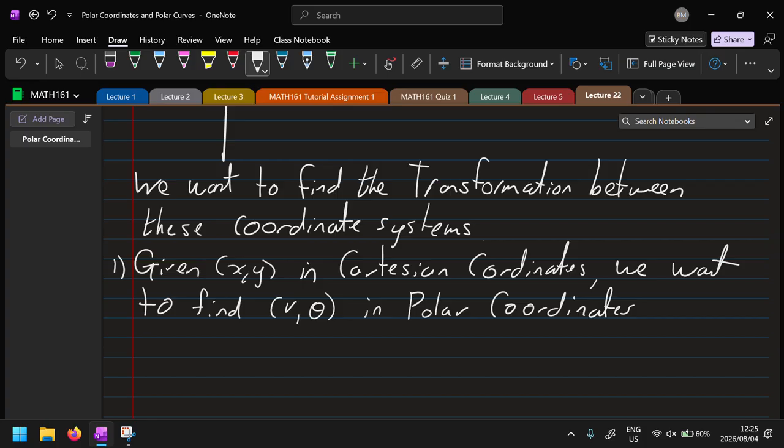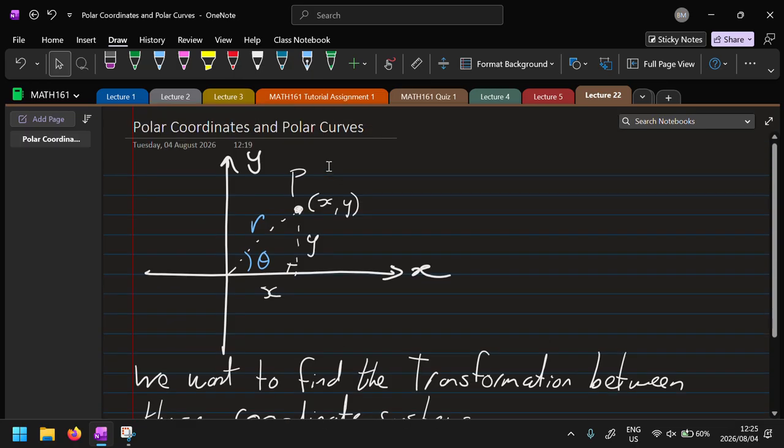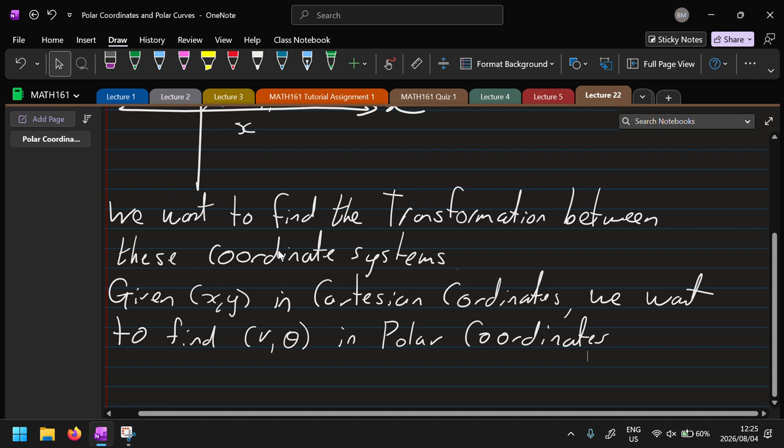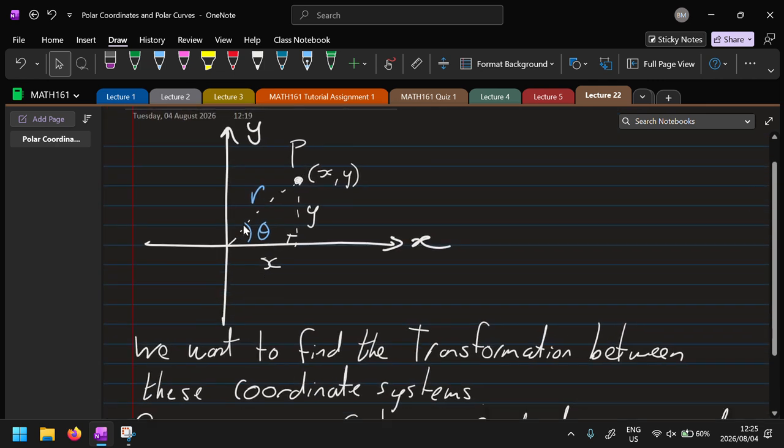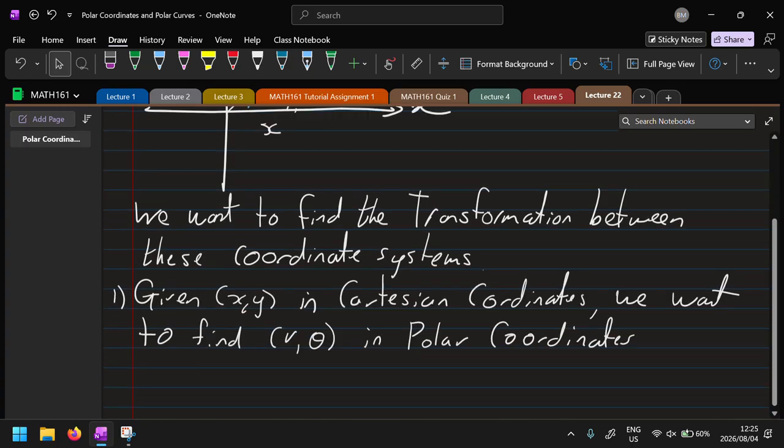So we start with Cartesian and we end up in polar. Okay, that's very easy. We've got a right angle triangle. Going between them is just using Pythag and our trig ratios. So we're given x and y. We want to calculate r. That's just the hypotenuse. So the radius r is just root x squared plus y squared. Okay, normal Pythag.